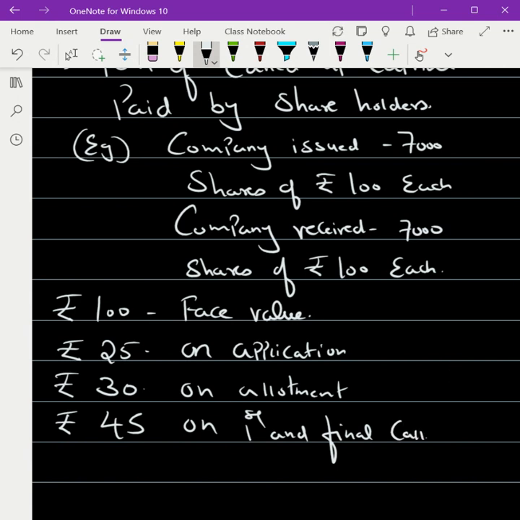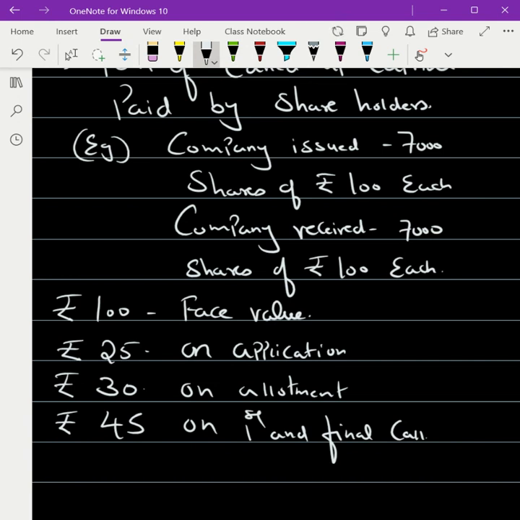Only if you make these payments will the company receive the amount of rupees 7 lakhs. And the respective shareholders will become the owners of the company for the number of shares they have applied for.